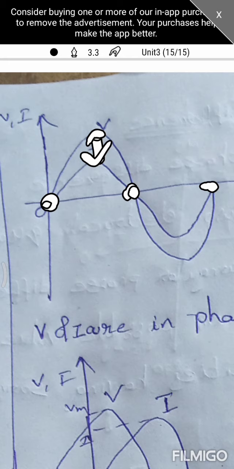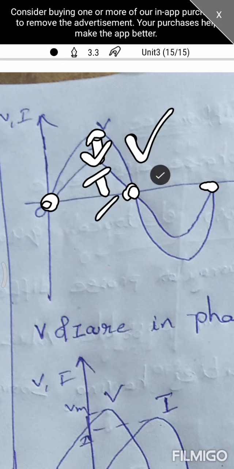Here this is the voltage waveform and this is the current waveform. These two are in phase. Generally, when voltage and current waves are in phase, the given circuit is a purely resistive circuit.